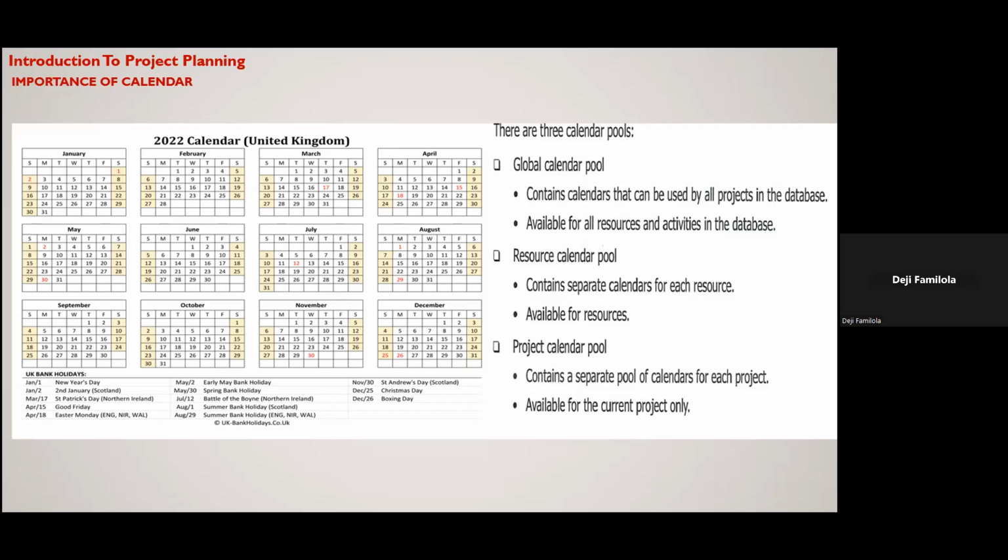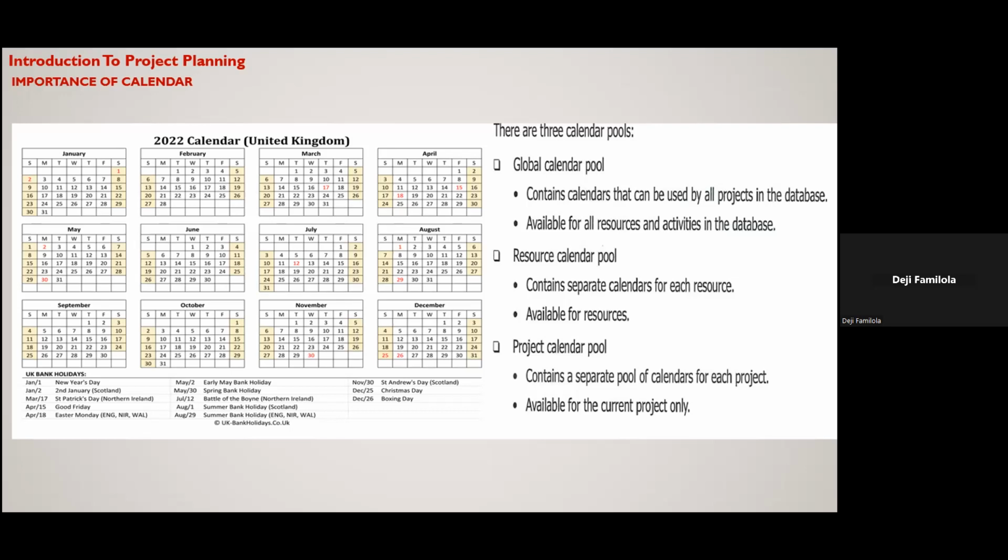You cannot say your schedule will finish earlier if you involve those 3 days. But if you took those 3 days off your calendar, then you know you won't end when you think you normally should end, because you have some bank holidays. So it's very, very important.